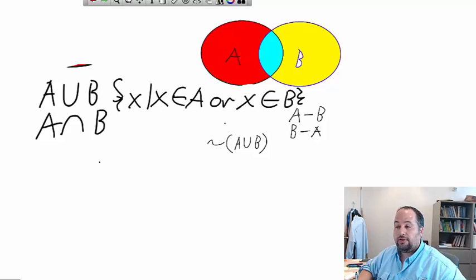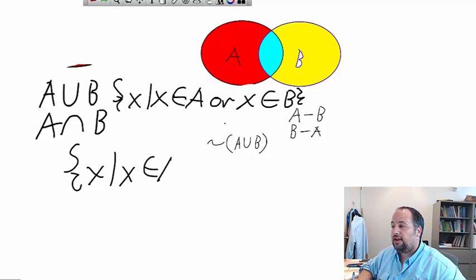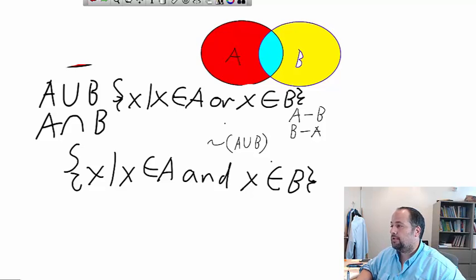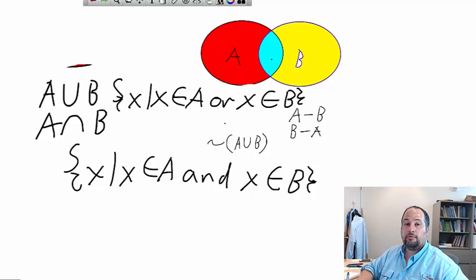A intersection B, I'm going to move down a little bit, x such that x exists in A and x exists in B, right? Which makes sense. The intersection is in both A and B. The union is in either A or B.